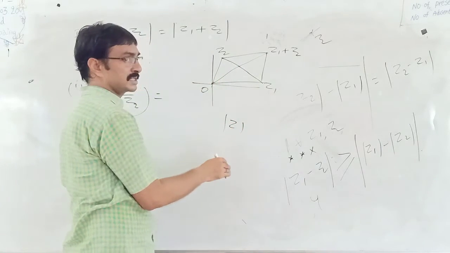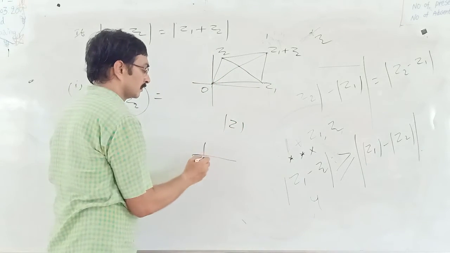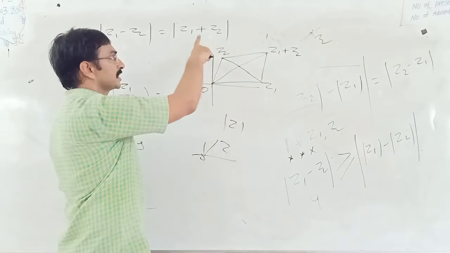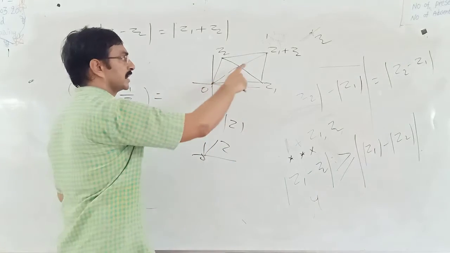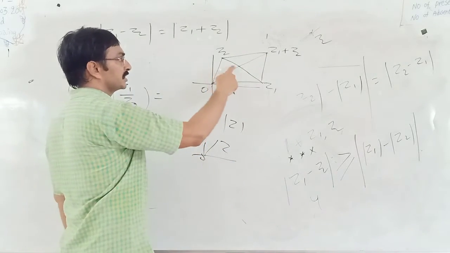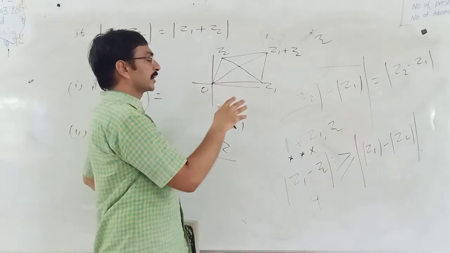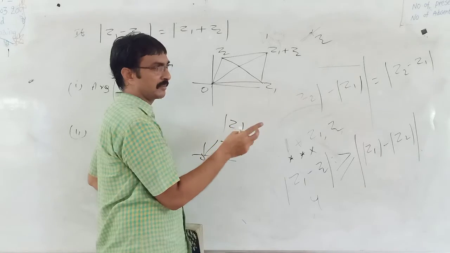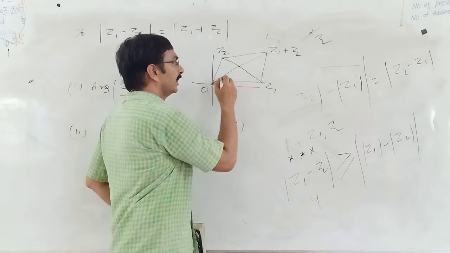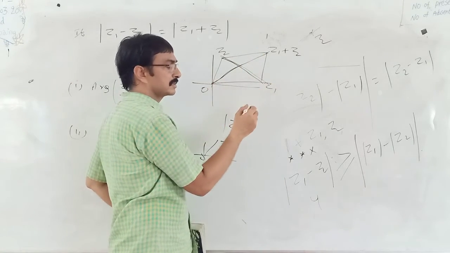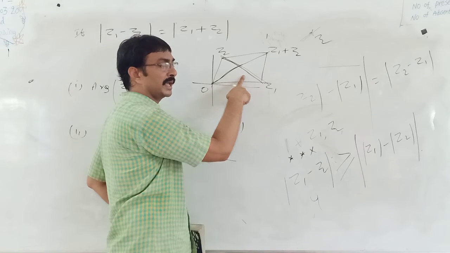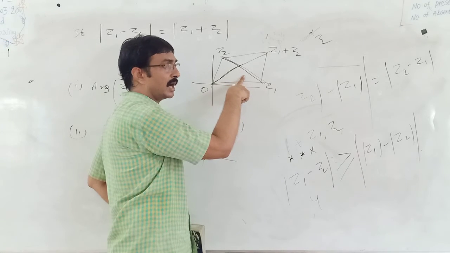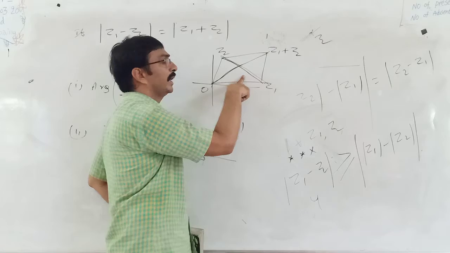Mod Z denotes distance from origin to Z. Given that these two are equal, in a parallelogram, the diagonals are equal, which means it must be either a rectangle or a square.